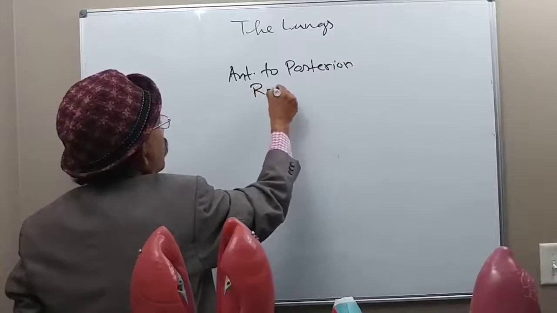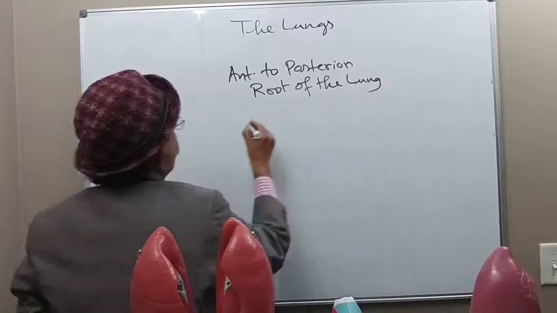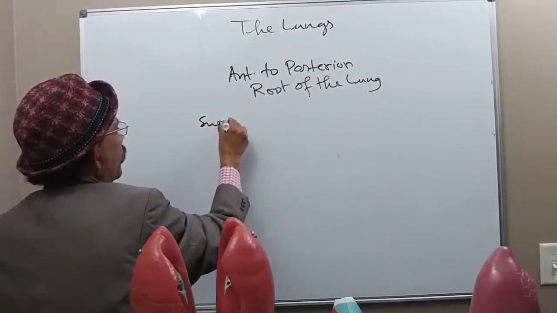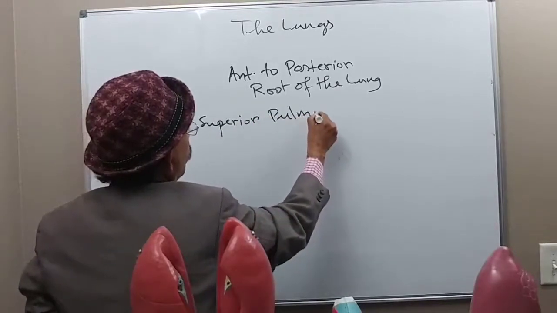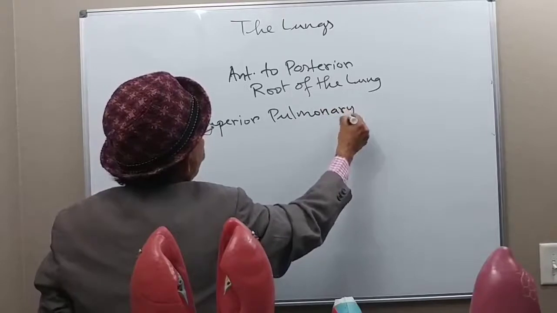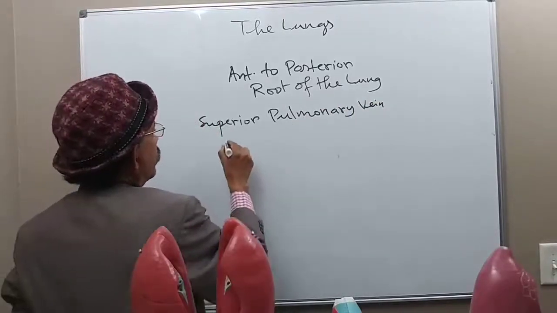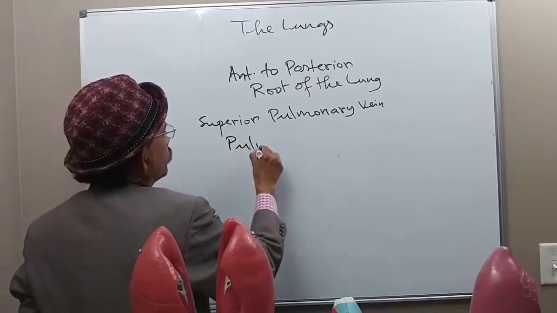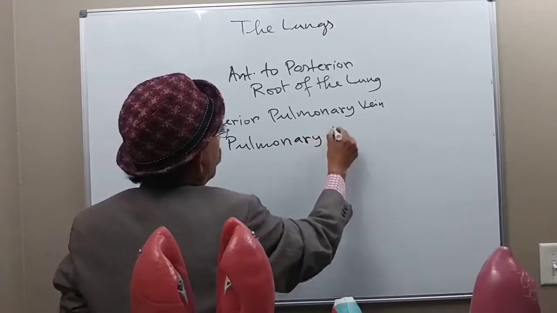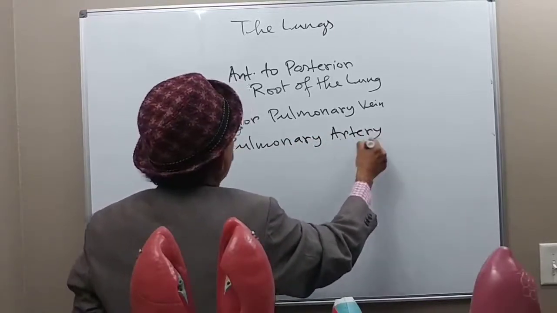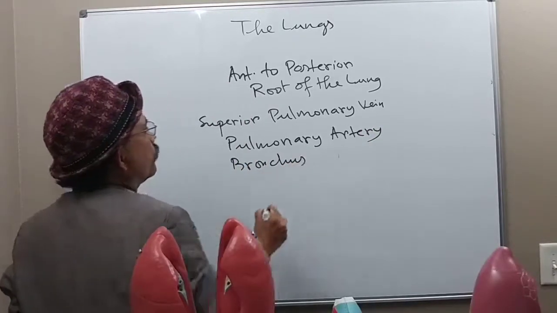Root of the lung on both sides: anteriorly, the superior pulmonary vein, then the pulmonary artery, then the bronchus. The bronchus is usually posterior.